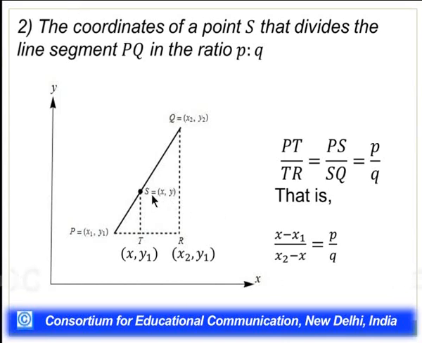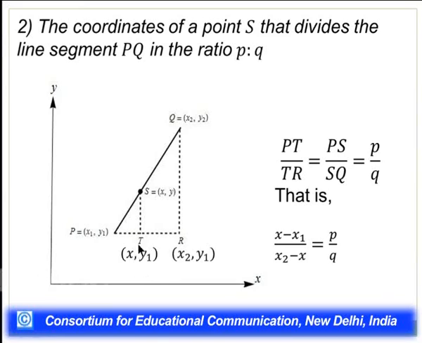What I'm going to do first is look at the mathematical expression for the x coordinate of the point S. For this, I have dropped a perpendicular from the point S onto PR, okay, and this point T here is now represented as x comma y1.